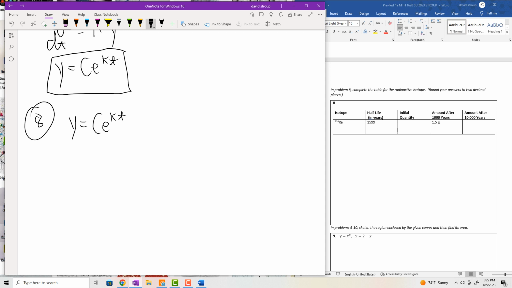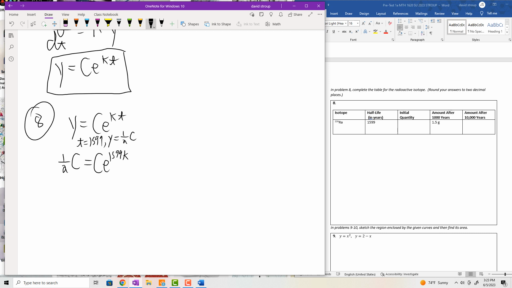So the half-life means that half the initial amount, and the initial amount is C, will be left over after this 1,599 years. So you just plug T equals 1599. So you could write it out if you wanted. T is going to be 1599, and then you're going to replace Y with 1/2 times the initial amount.